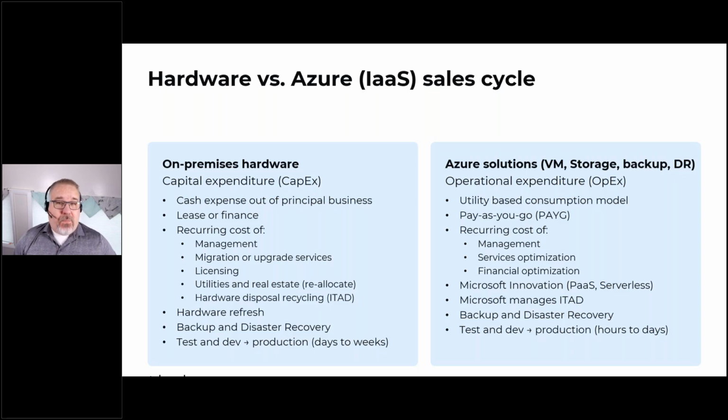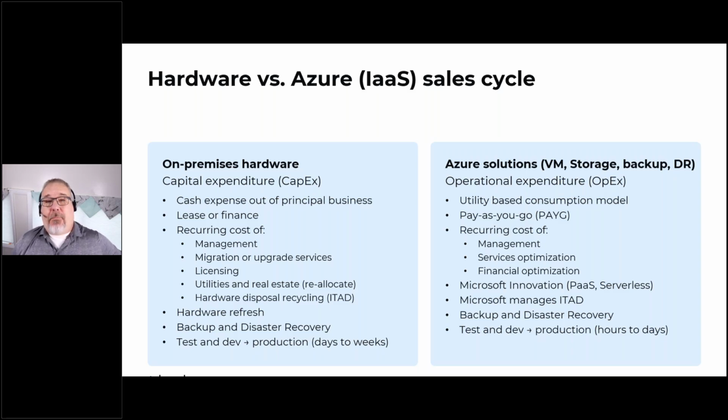It costs them money for you to manage that infrastructure. It costs money for you to upgrade or migrate that infrastructure. It costs them power, heating, cooling, all those other pieces. And if they decide to move from on-prem into Azure, all that could possibly go away.